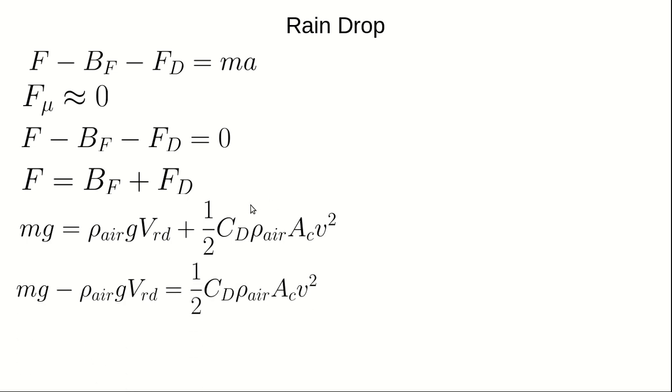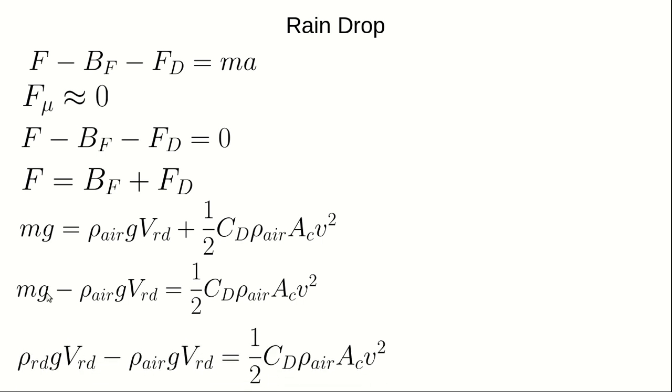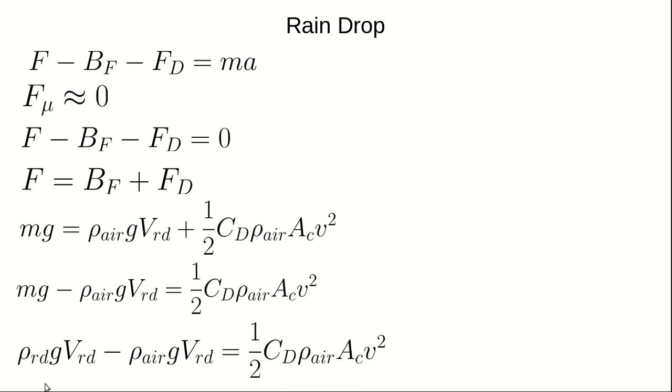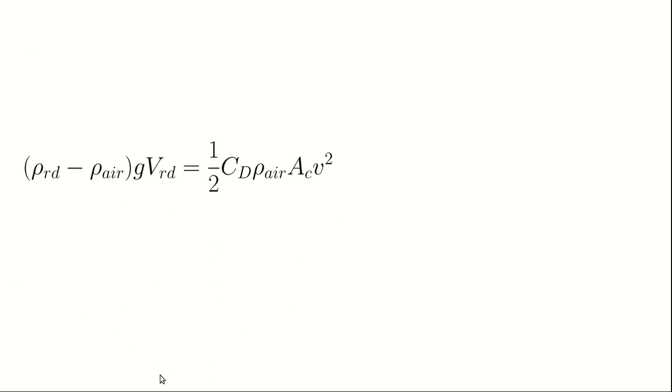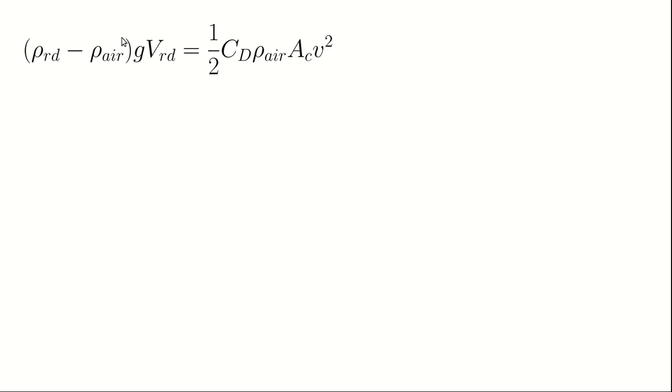So we can send this one back to this one, and it becomes this, and replace our m with density times what? The volume. So in this case, we have the density of the raindrop, the g, the volume of the raindrop, and this expression we can factorize, and we have this expression.